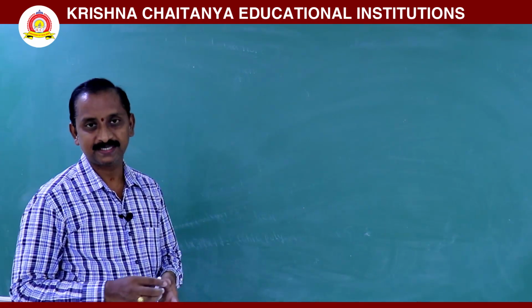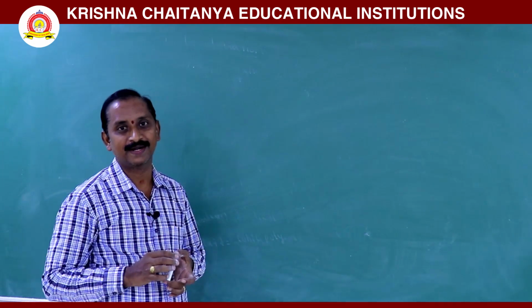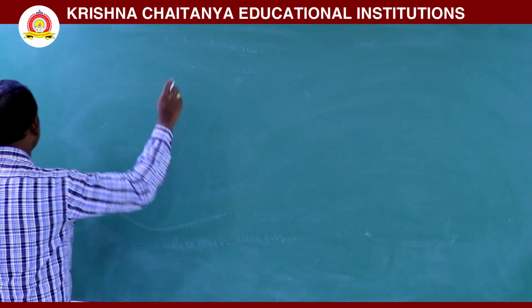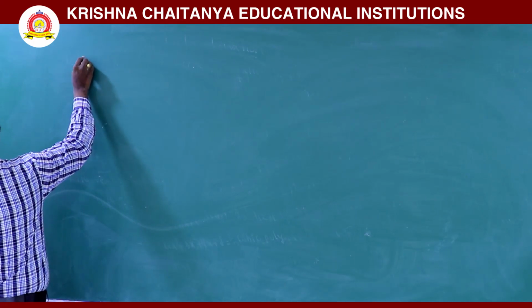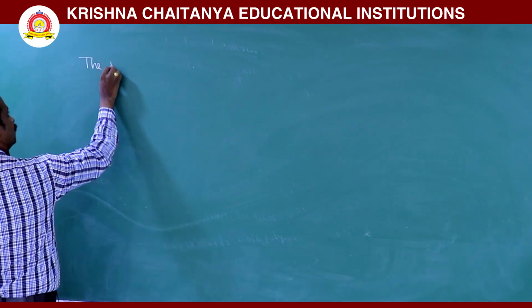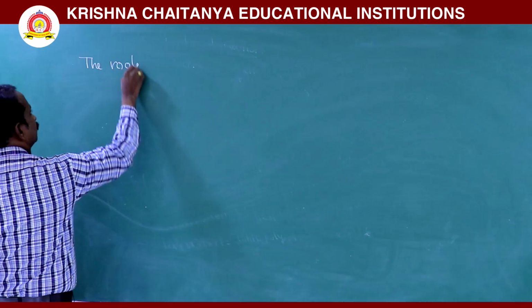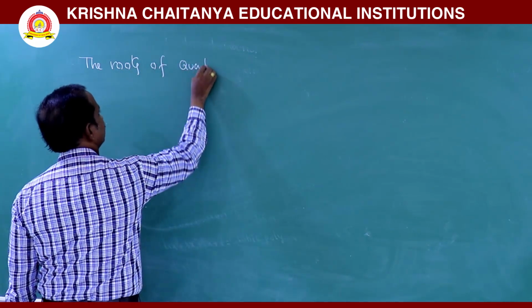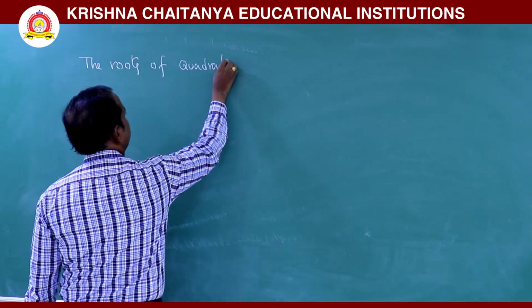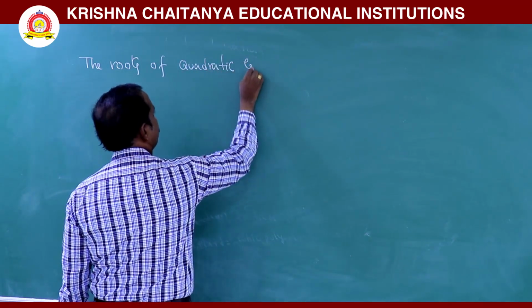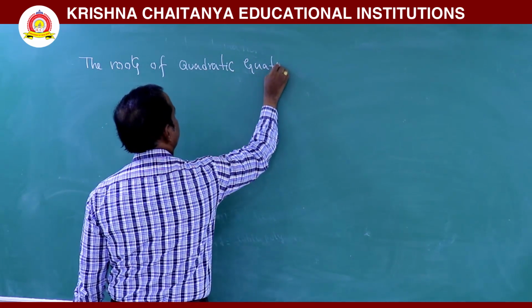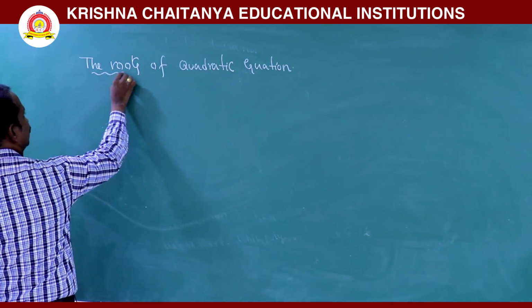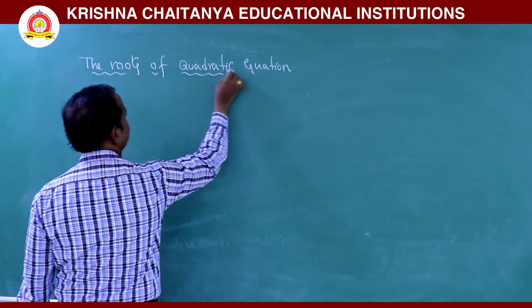Now we discuss the roots of the quadratic equation. Just now we discussed the quadratic equation. Now what do we want? The roots of the quadratic equation. Let us consider the quadratic equation.